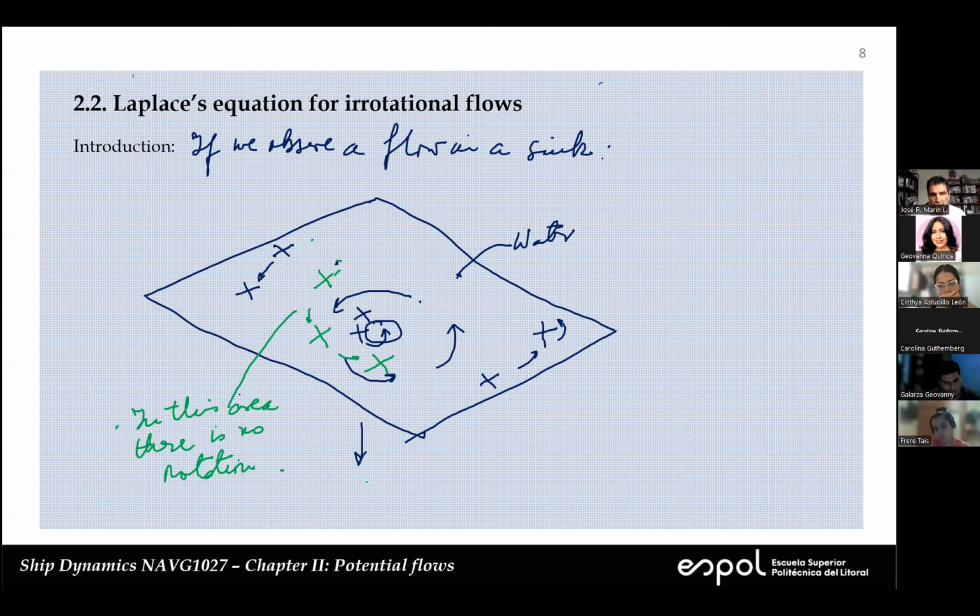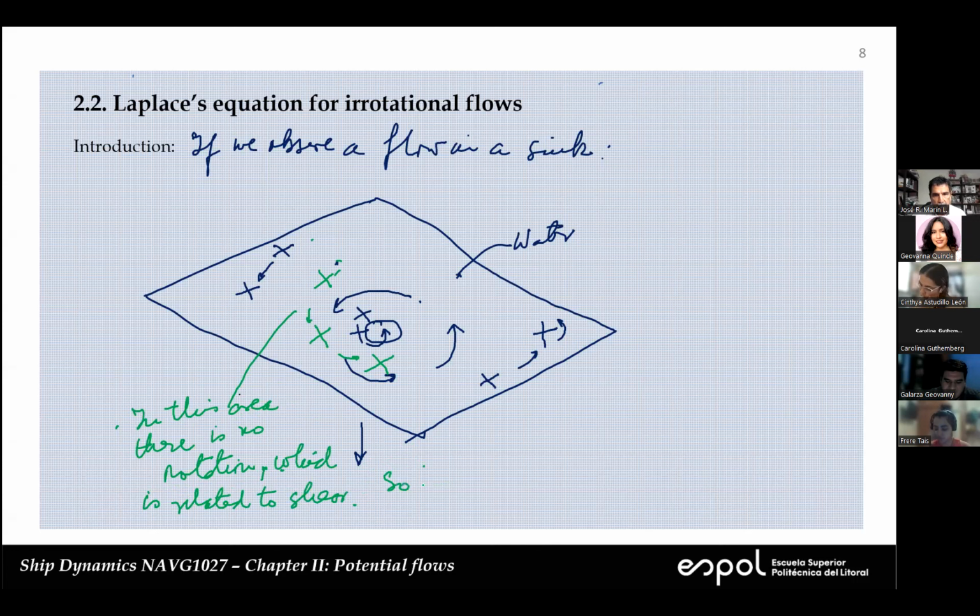Let me see, what is my pointer? Here is my pointer. Which is related to shear.